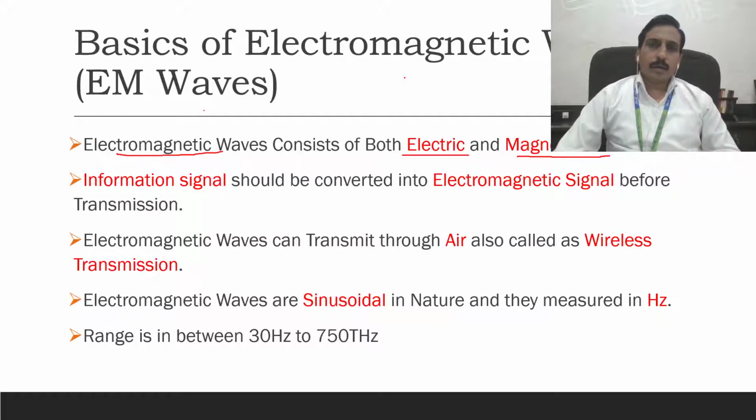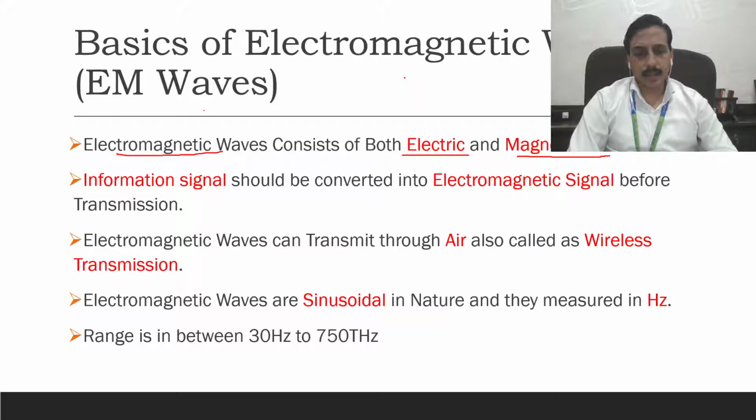So, these waves are electric also, and these waves are magnetic also. They have both electric properties and magnetic properties. That's why their name is electromagnetic waves.